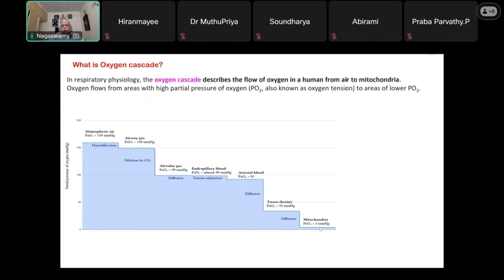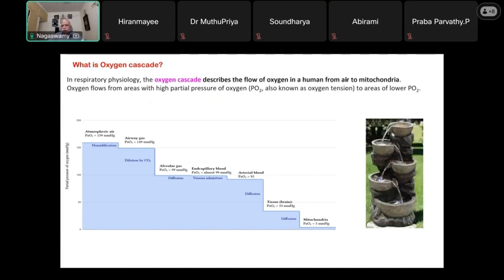Finally, you will end up with a partial pressure of 5 millimeters of mercury, which has to be maintained for mitochondrial oxygenation. So if any problem occurs between these stages, then tissue oxygenation will suffer. That is the ultimate reason why we have to know about the oxygen cascade. So this picture tells you how the whole thing happens.